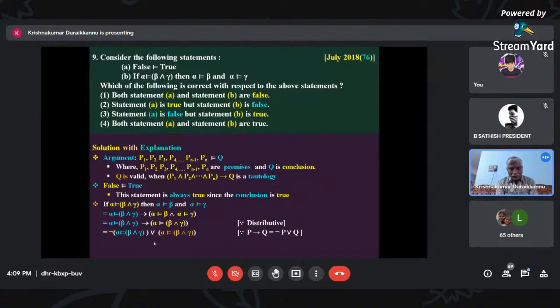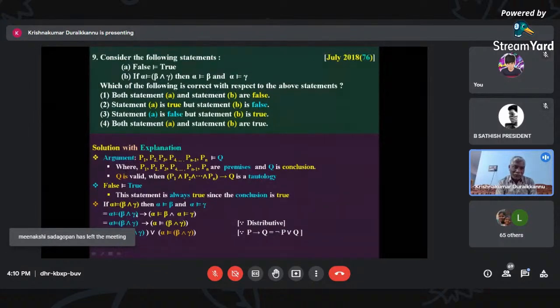So we apply the implication formula: P implies Q is nothing but not P or Q. Now, assume that any variable is a proposition.